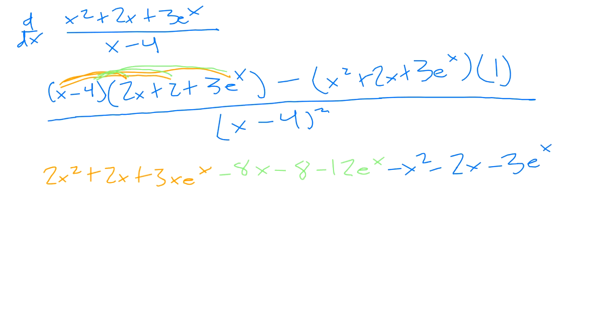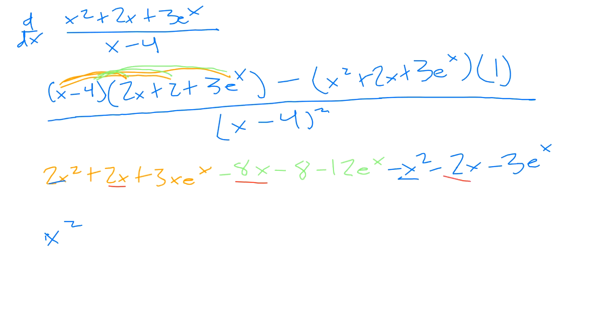So now let's go ahead and we can combine any terms. So we have a couple of x squareds, so we get x squared. Let's see, we have a few x's, so we get 2x, negative 8x, negative 2x.